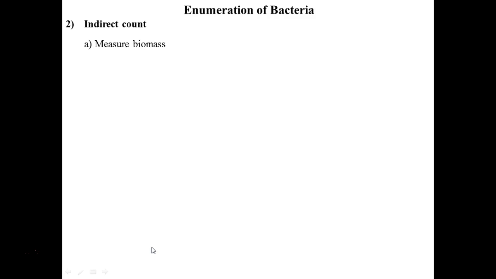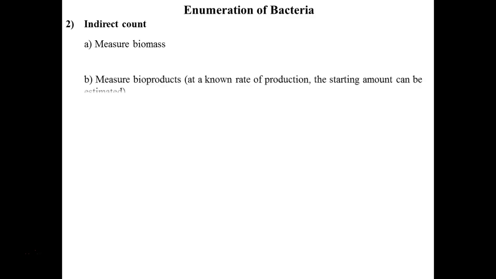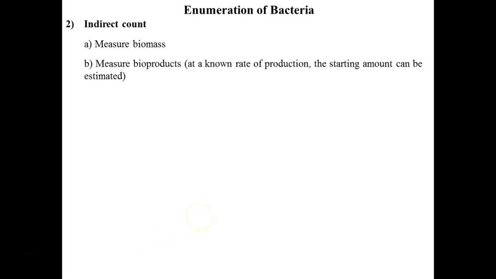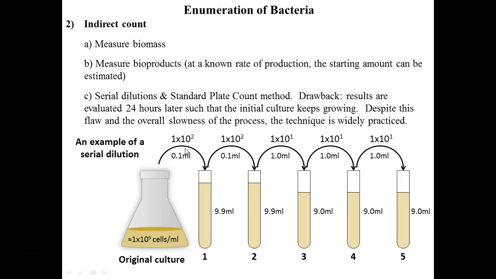Indirect counts, like measuring biomass or measuring biological products, sometimes can be helpful if you know the production rate and the possible starting estimated amounts. We did serial dilution using the standard plate count method. The drawback with this is, of course, we have to wait till tomorrow to get our results, which is why we're always waiting on our water to be tested, right?